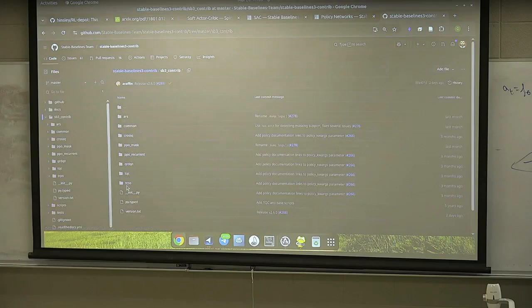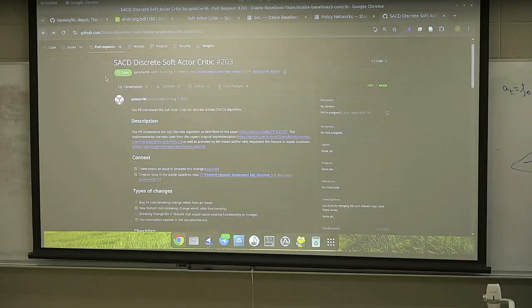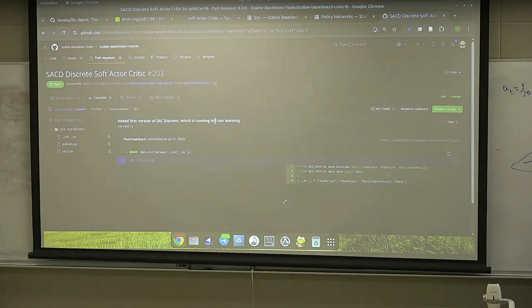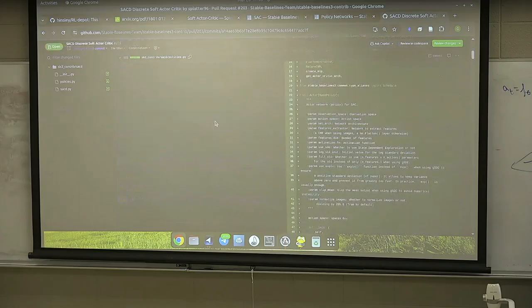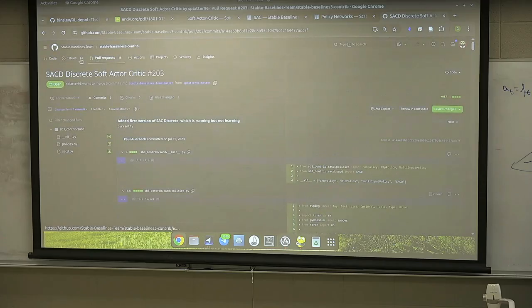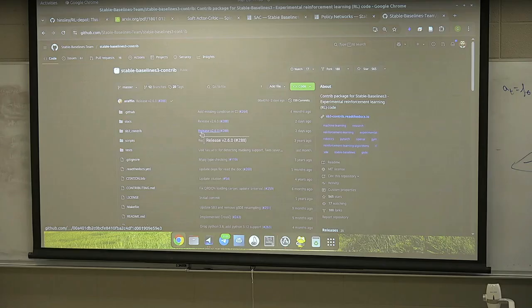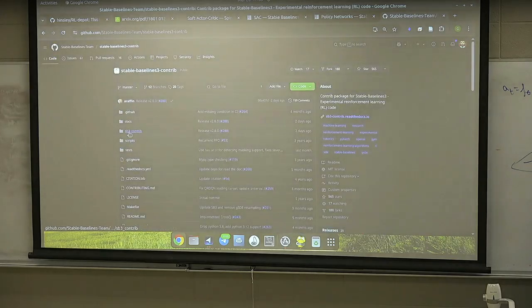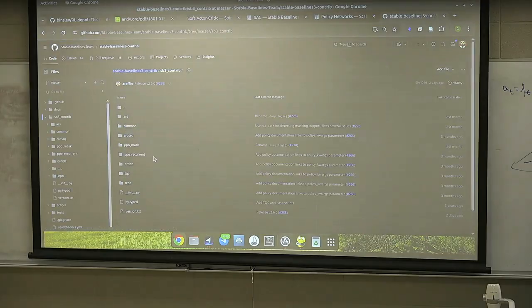SAC. And it doesn't work. Yeah, it doesn't. So there's no existing implementation of discrete action space soft Actor-Critic. But we don't really have a discrete action space in our rocket, so it's okay.